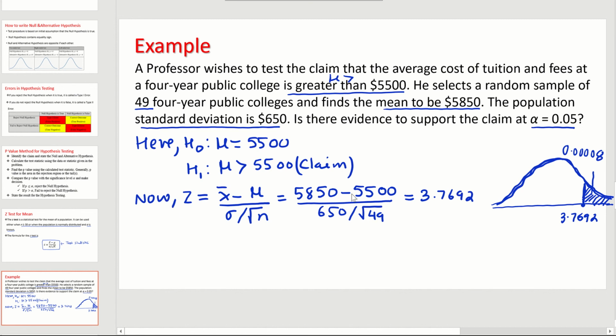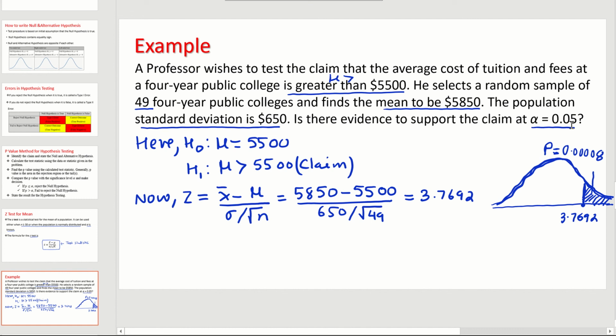And using that test statistic, we found the area on the right tail, which is our p-value. Now what we have to do is compare this p-value, the calculated p-value, with the given significance level alpha.